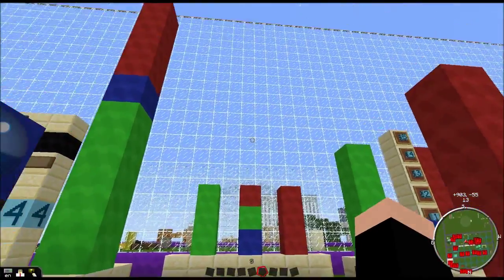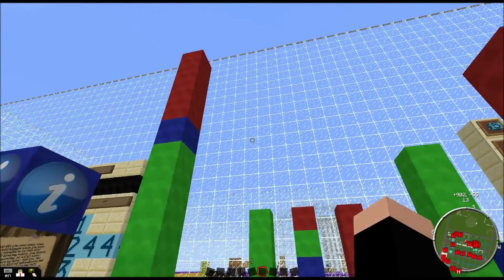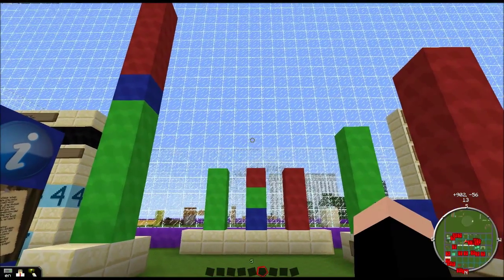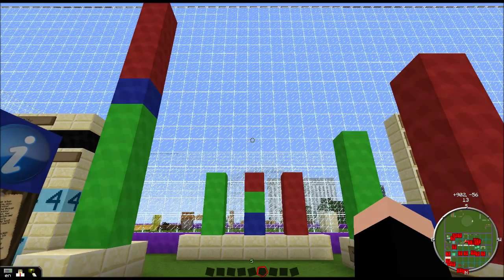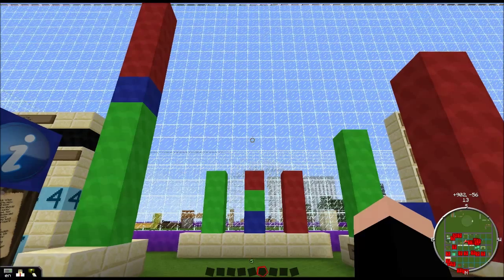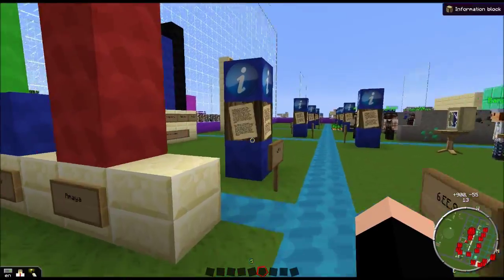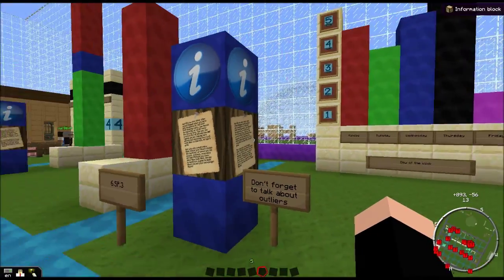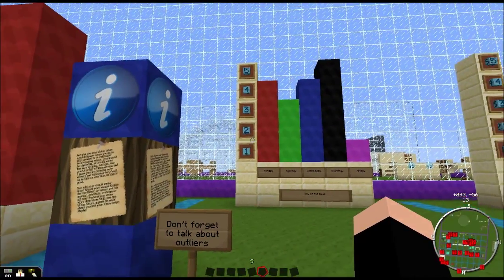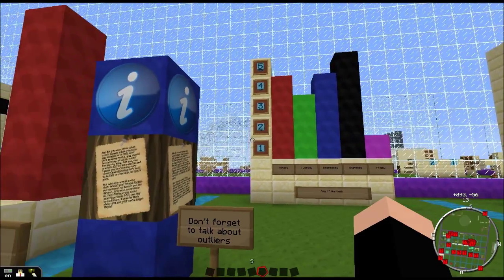Because they're small numbers, students should be able to build these, actually break them down and rebuild them, without a problem. You can imagine if we had numbers like 96 and 27 and 43, that might be a little bit harder. But anyway, you've seen my graphs before. This is of course just a bar graph.